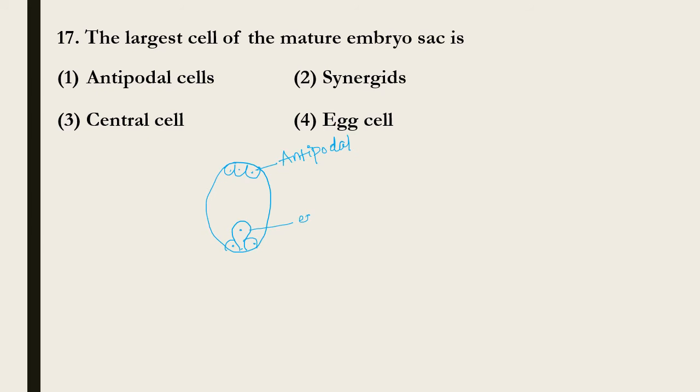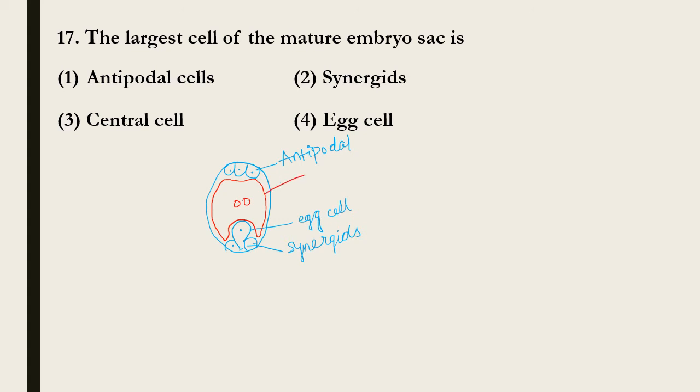So this is the egg cell, and these two are the synergids or helper cells. And at the center it has a cell in the embryo sac, and we can observe that this central cell consists of two polar nuclei.